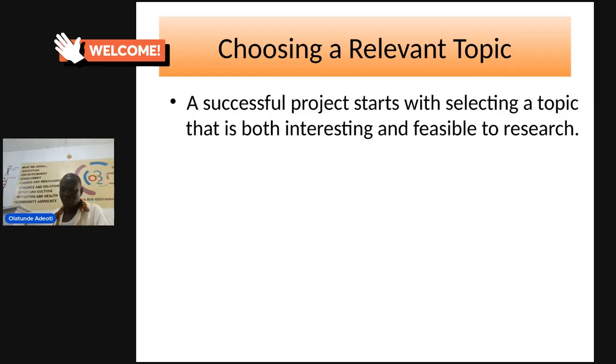So you can prompt ChatGPT to give you a list of 10 or 20 topics that are going to be interesting and also feasible as well. So you need to do this. Okay.